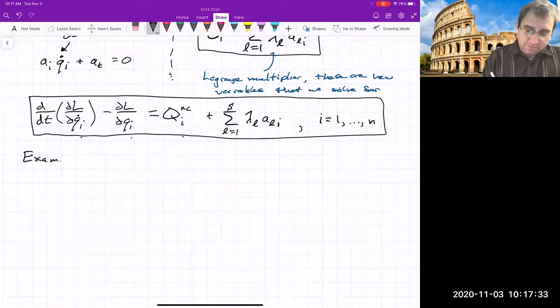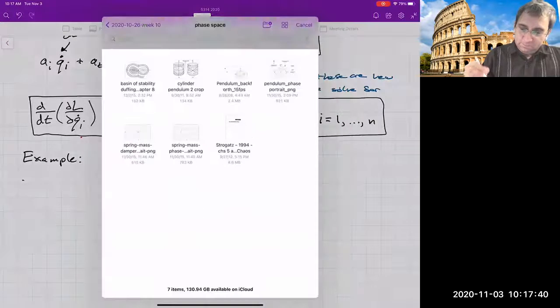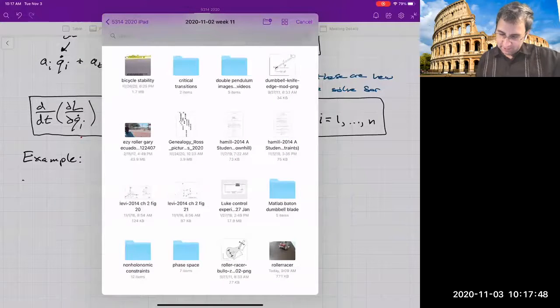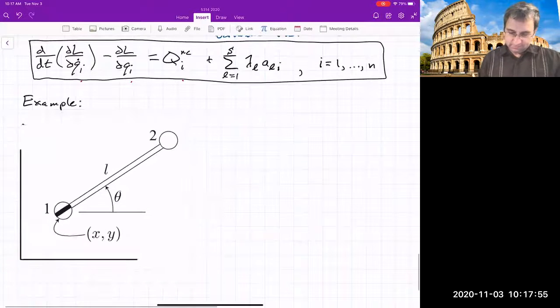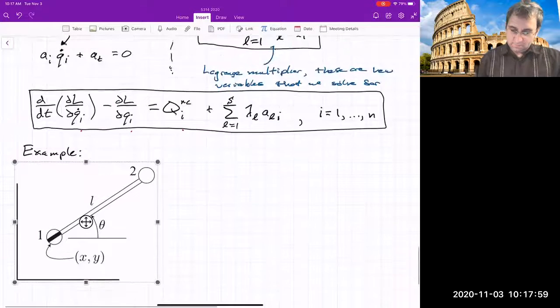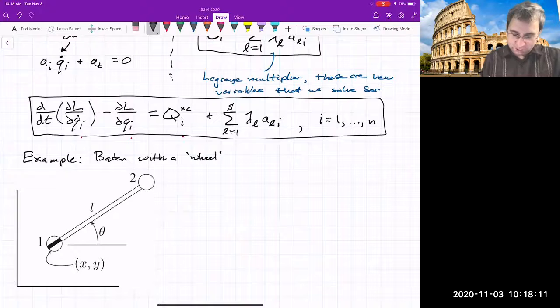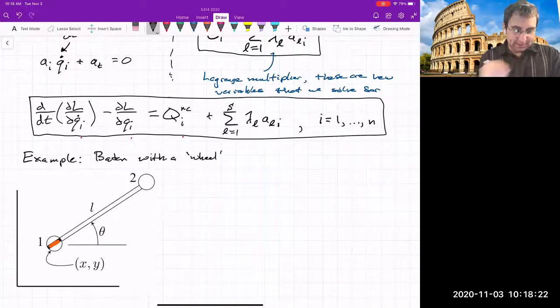This is the baton or dumbbell with a wheel under one of the masses, oriented along the axis of the baton.